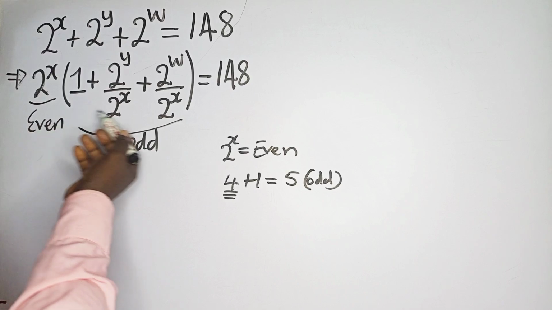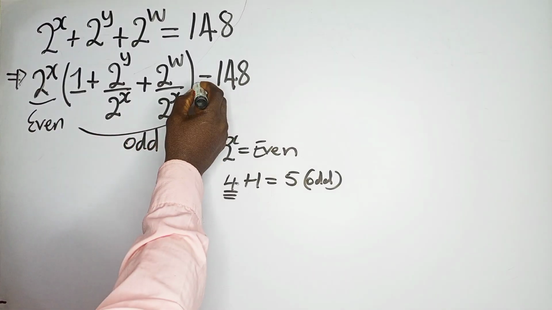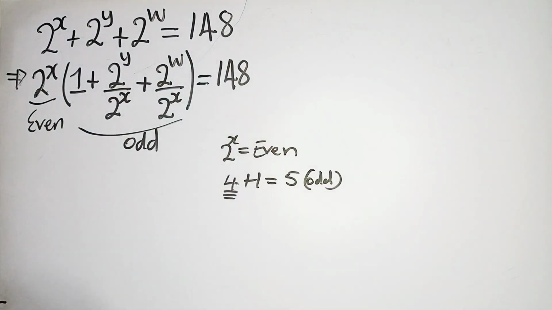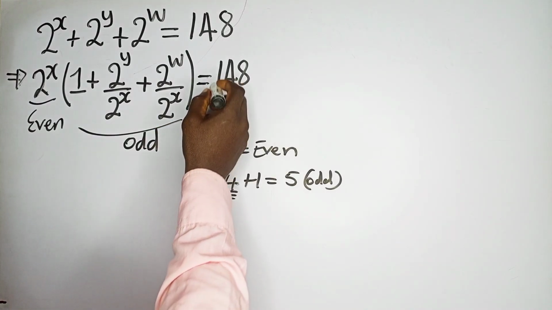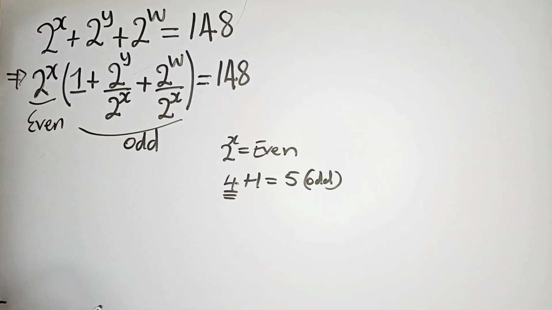Now, remember the base is 2. So our reasoning now will be to convert this 148 to a product wherein we have an even number multiplied by an odd number. And that even number preferably should be a power of 2.